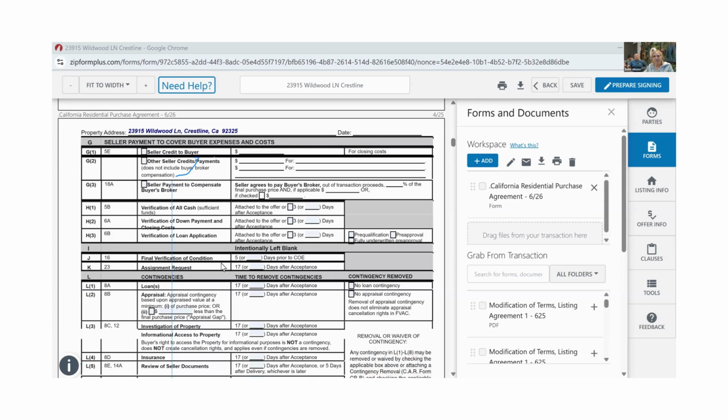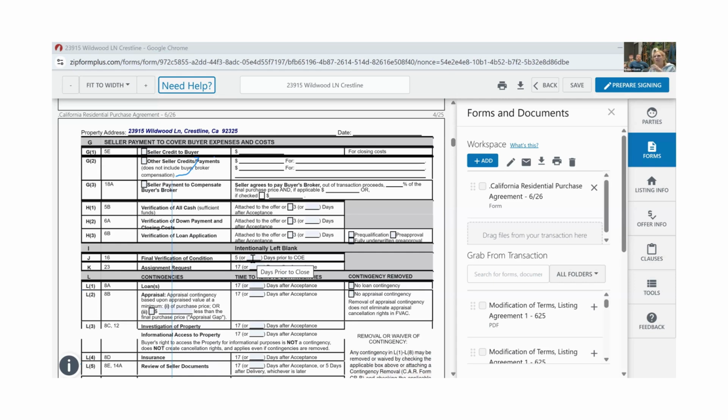All right, final verification of condition. These are your timelines. So you're saying that your buyer is going to do their final walkthrough 5 days before escrow closes. If you want to change that, this is your opportunity to do so. 5 days is usually pretty good. It's right before closing, and it gives the seller time to make those repairs, if you had a request for repairs.